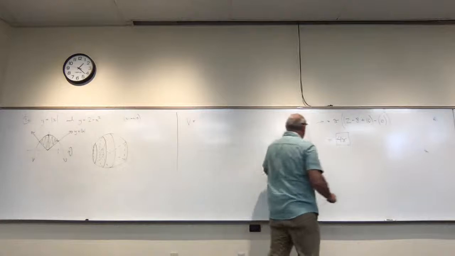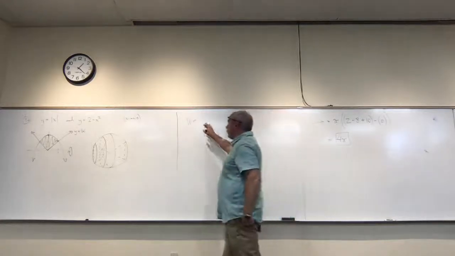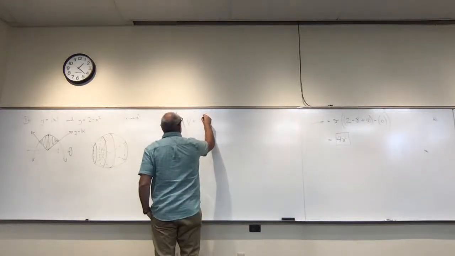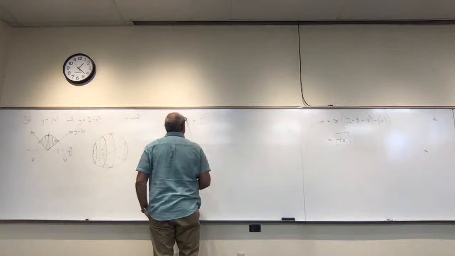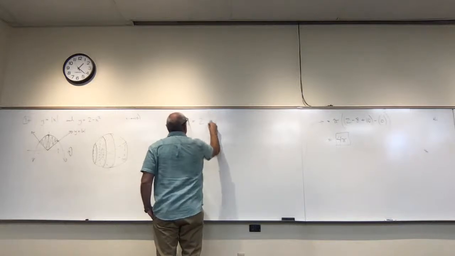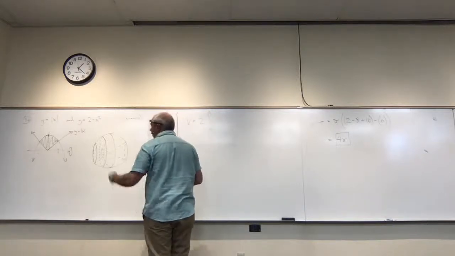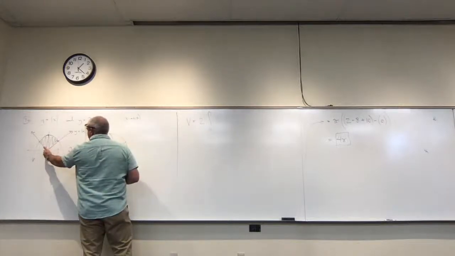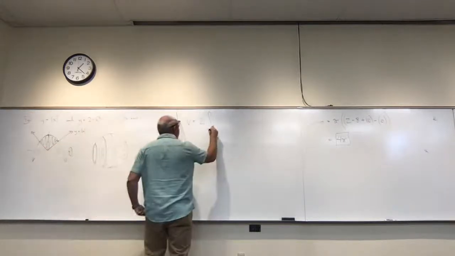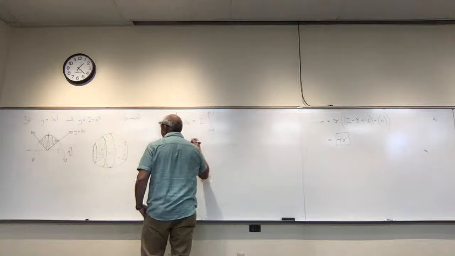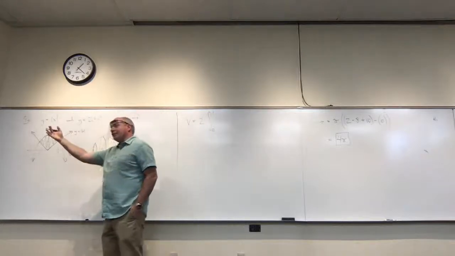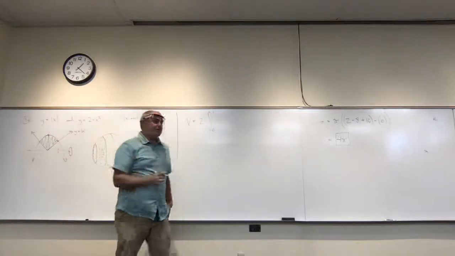So let's do it. So the volume is going to be, we said we were going to double something. So 2 times the integral from 0 to 1, we're just doing the half, of pi times outer radius squared minus inner radius squared.